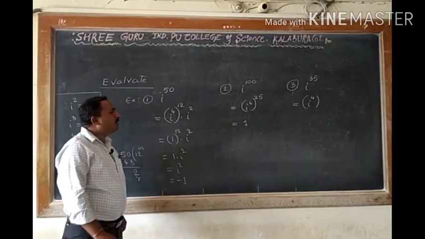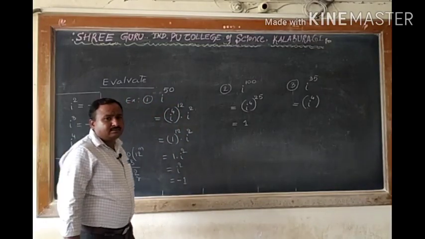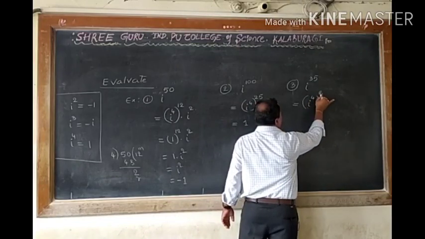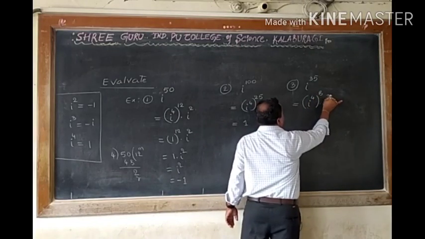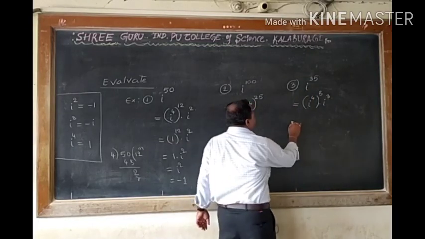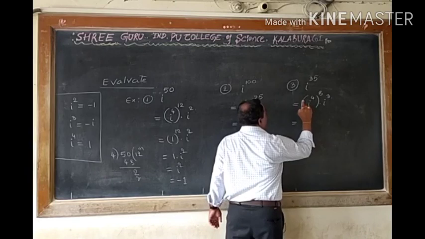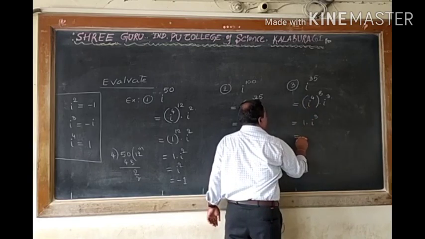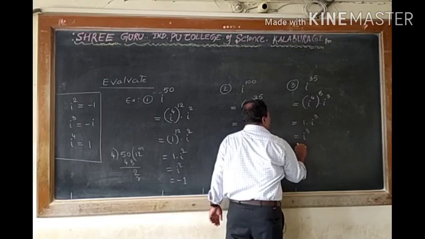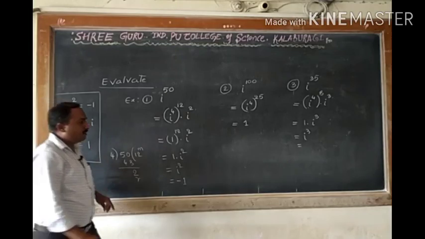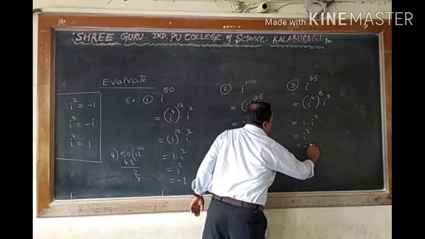Divide by 4: 4 into 8 is 32, remainder 3, so i cubed. 32 plus 3 is 35. This value is always 1, keep in mind. 1 into i cubed. The value of i cubed is minus i. So the value is minus i.